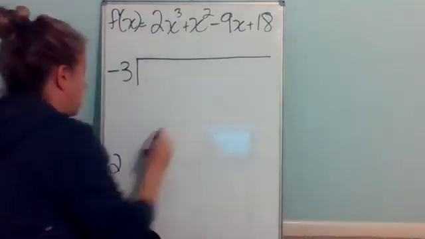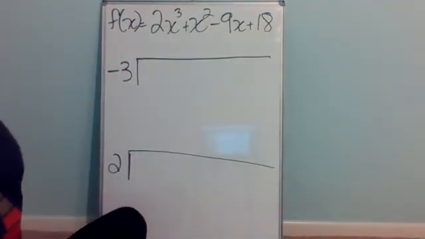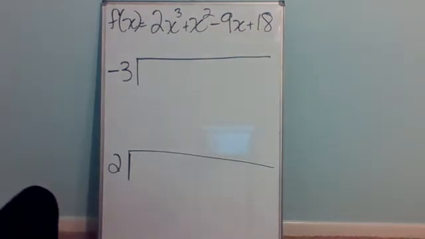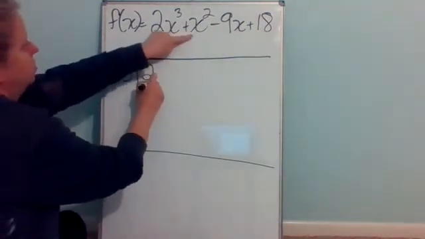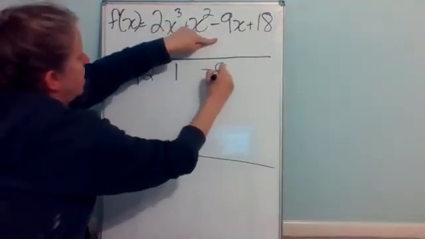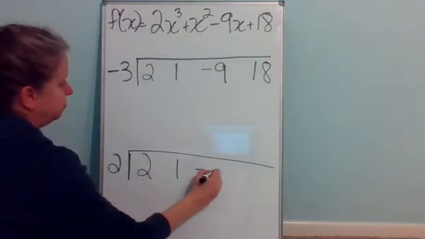We're going to do synthetic division on this function with both of those numbers. So again, my coefficients are going to be 2, 1, negative 9, and positive 18 on both of these.